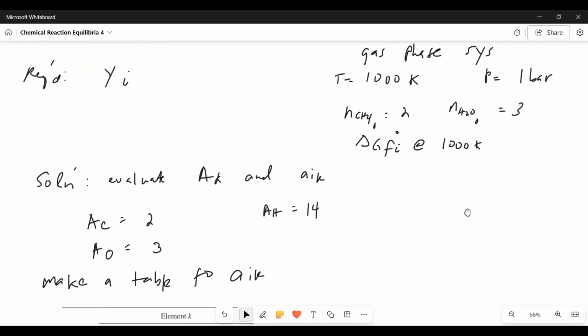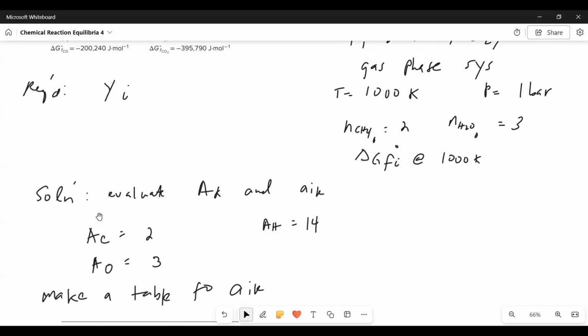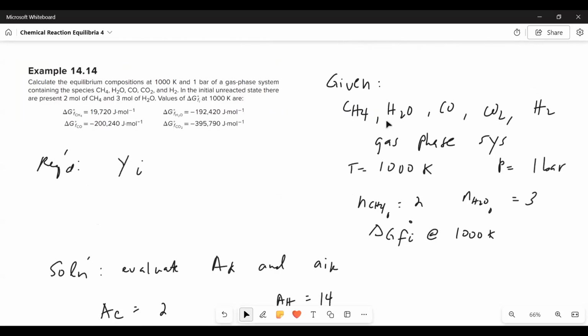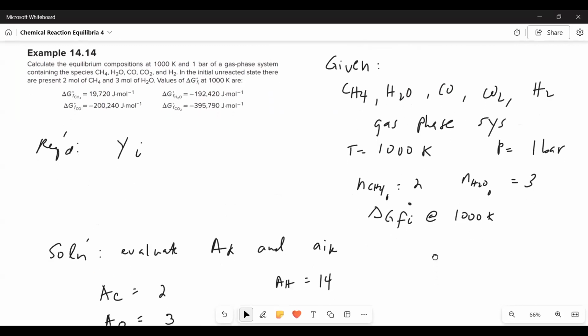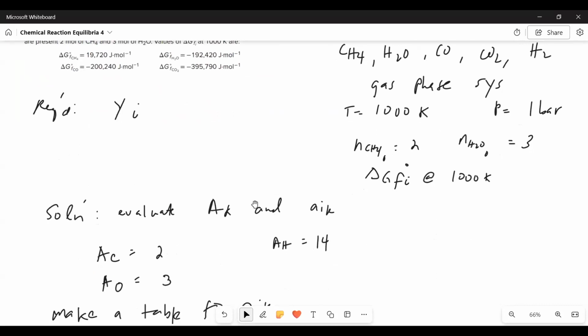The first step is to evaluate the capital A sub k, and after that, evaluate the small letter a sub ik. For capital letter A sub k, we do that for all of the elements. So in the system we have carbon, hydrogen, and oxygen, and this is evaluated at the initial state.